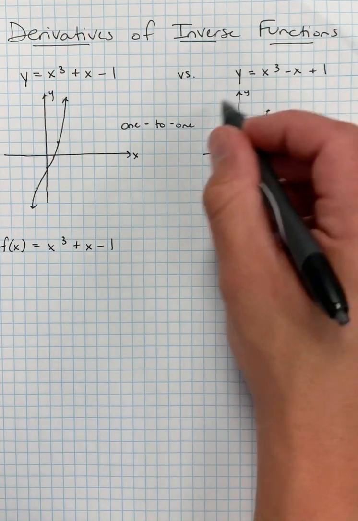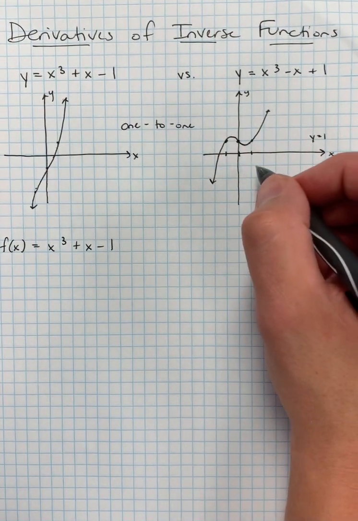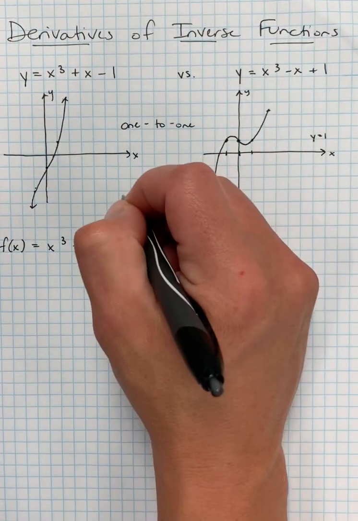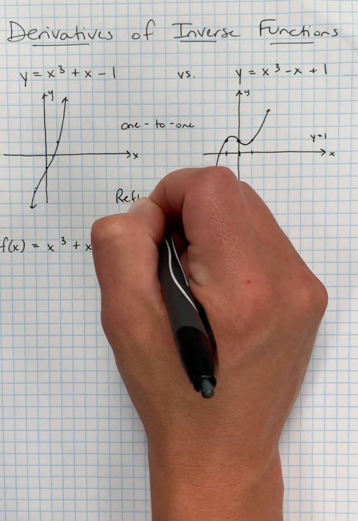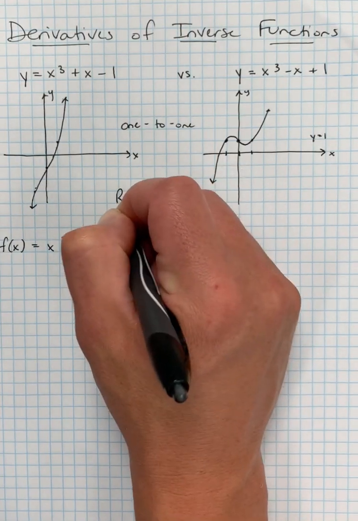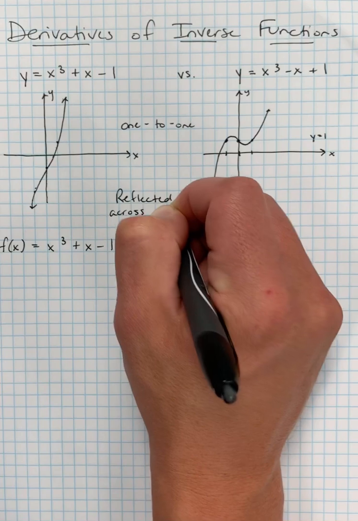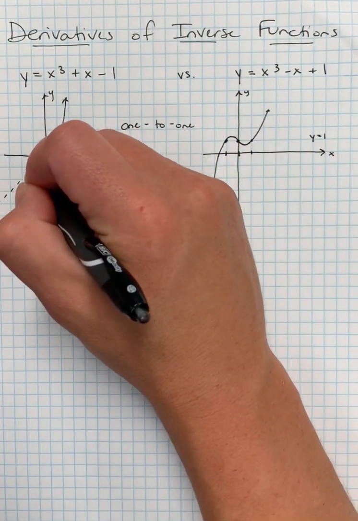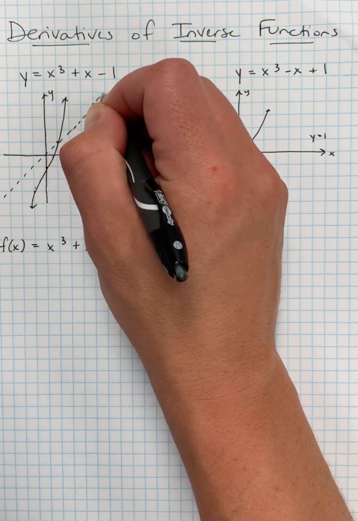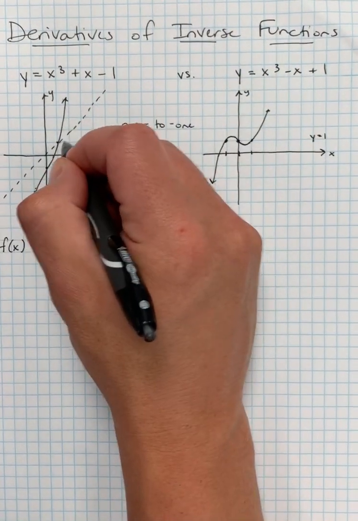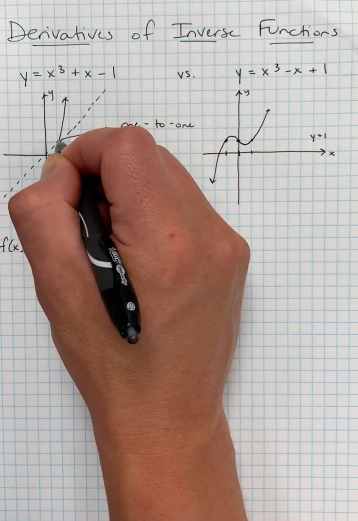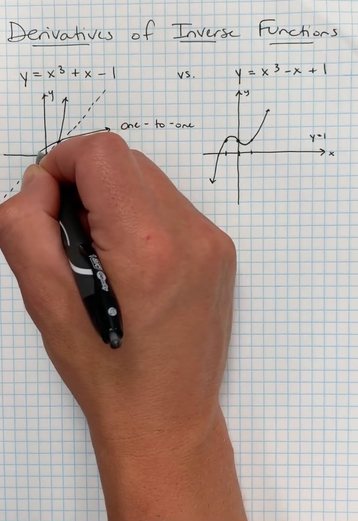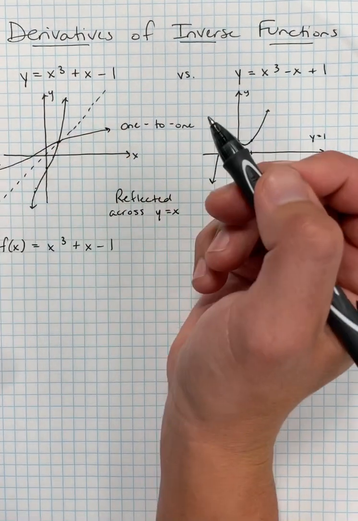If you were to think about what this would look like graphically, when you think about an inverse function, an inverse is reflected graphically across the line y equals x. So here, if we draw that y equals x line through here, our inverse function would look something like that.